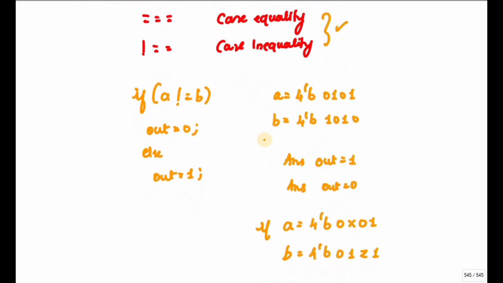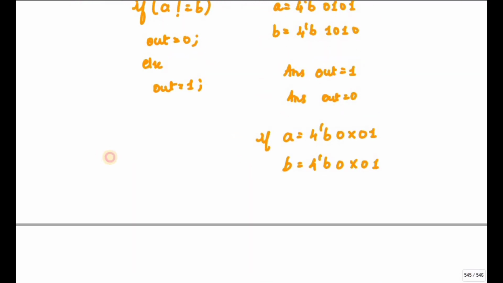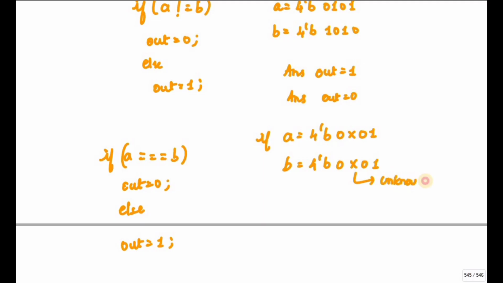If I want to give a case equality, I can give the input like this. It has to be triple equal to. Okay, so if A is this value and B is this value, and A is triple equal to B, my output is 0, else the output is 1. Since both values are equal, the output is 0, and here the X represents the unknown, and the answer is out is equal to 0.